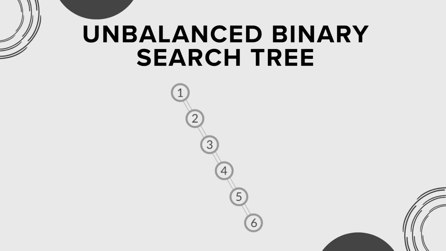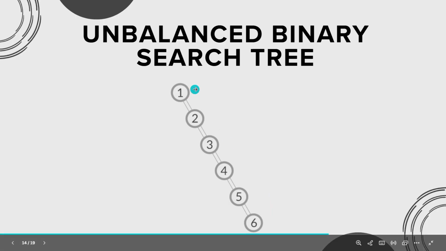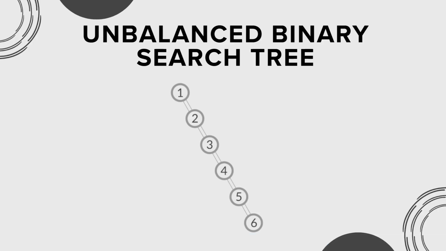Negative 5 is not negative 1, 0, or 1. So it means it is not balanced, as it goes beyond the range. So if this tree is skewed and unbalanced, and we search for values, it makes the operation slow.